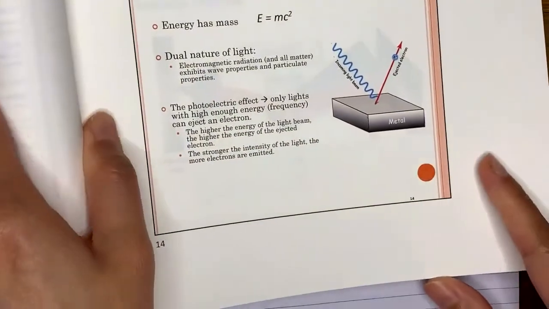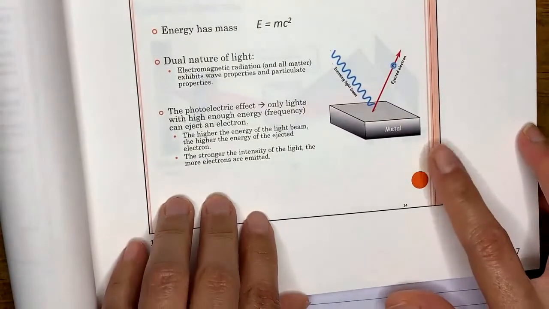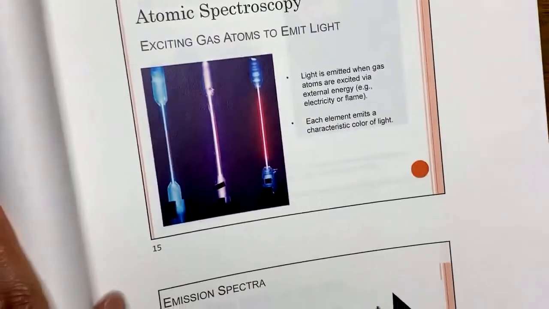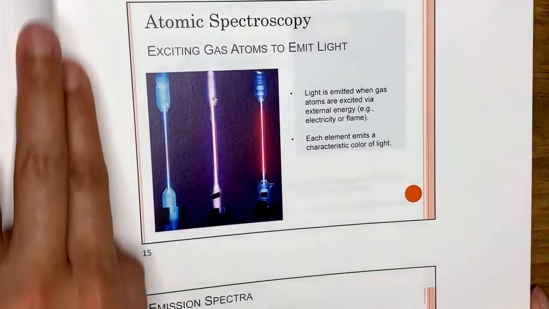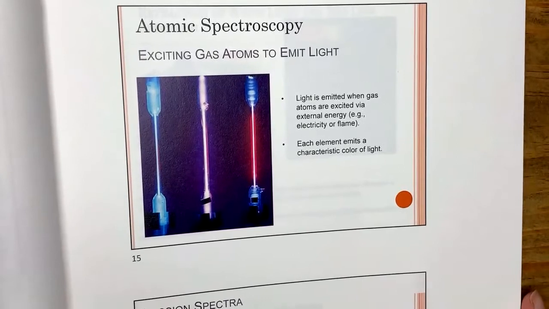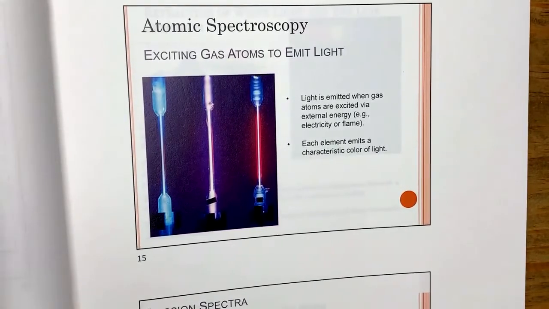We just did the calculation here. I showed you the photoelectric effect, right? Another thing we want to do is if you have gas atoms. The photoelectric effect was shooting light energy on pieces of metal.